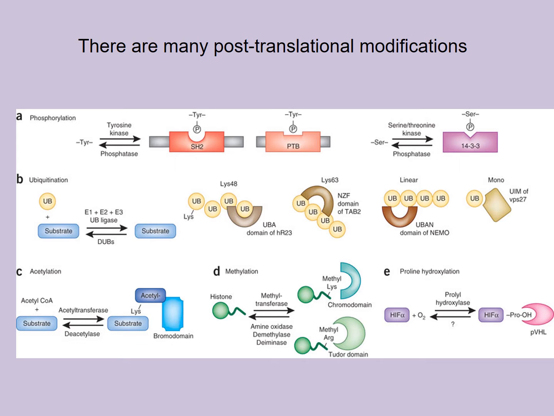But other proteins inside the cells, as shown here, can be acetylated and methylated as well. There is also proline hydroxylation, which regulates the activity of some transcription factors, shown in E here for HIF alpha, which regulates gene expression, important for vascular cells.